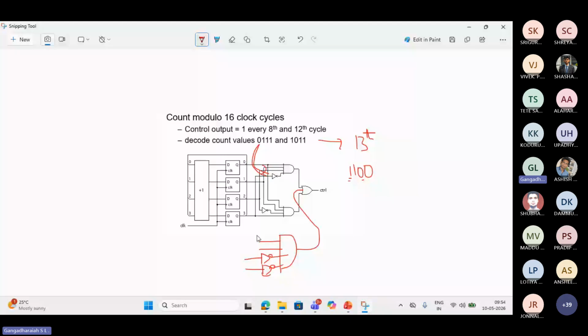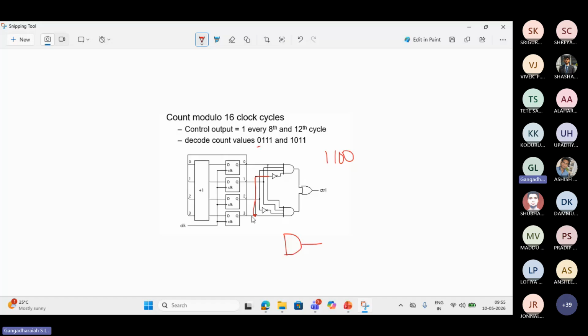Is it clear, or shall I write it? It becomes clumsy if I write, that's why I'm avoiding it. If not clear, I will repeat again. See, this 0, from where is it coming? This is my MSB. Please understand. So if I write the 13th clock cycle, it becomes 1100. So it happens to be like this.